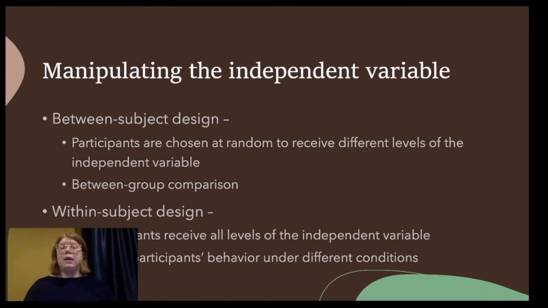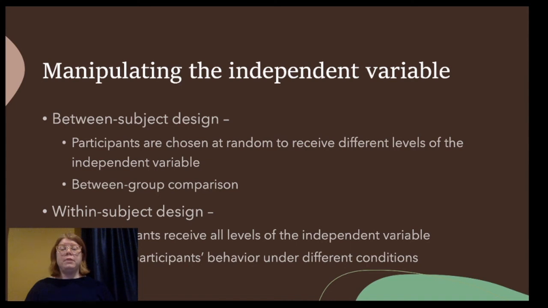So there are a couple of ways, once participants are assigned to conditions and the setting is created, that we can manipulate the independent variable. This includes between subject design, where participants are chosen at random to receive different levels of the independent variable, and then researchers make between group comparisons.